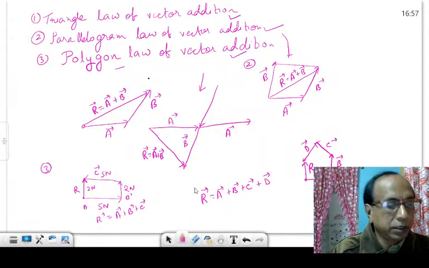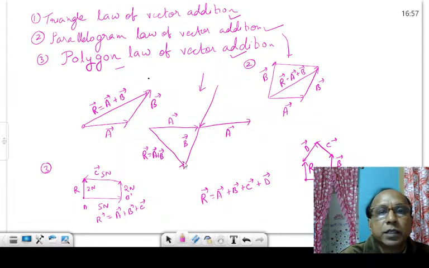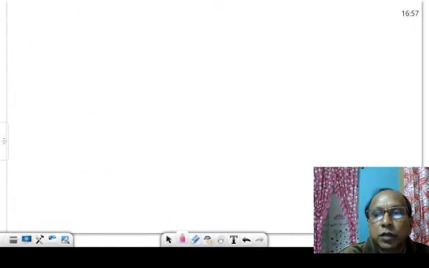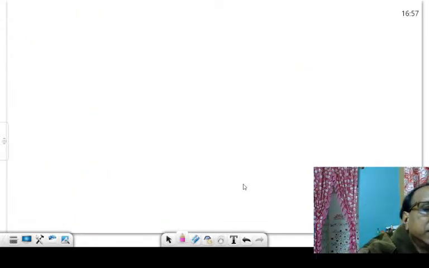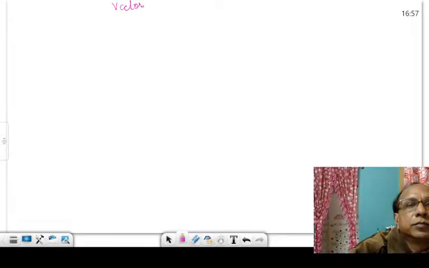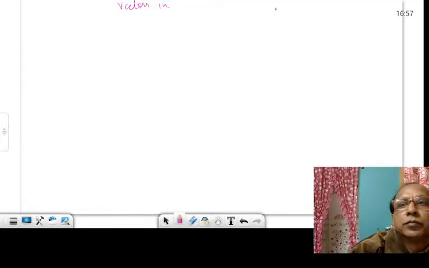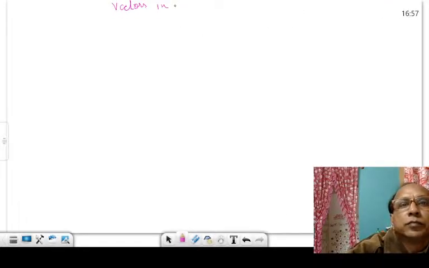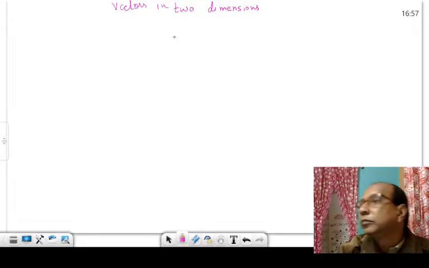Now we learn orthogonal vector addition. Now, if this is a two-dimensional vector, let us discuss vectors in two dimensions.